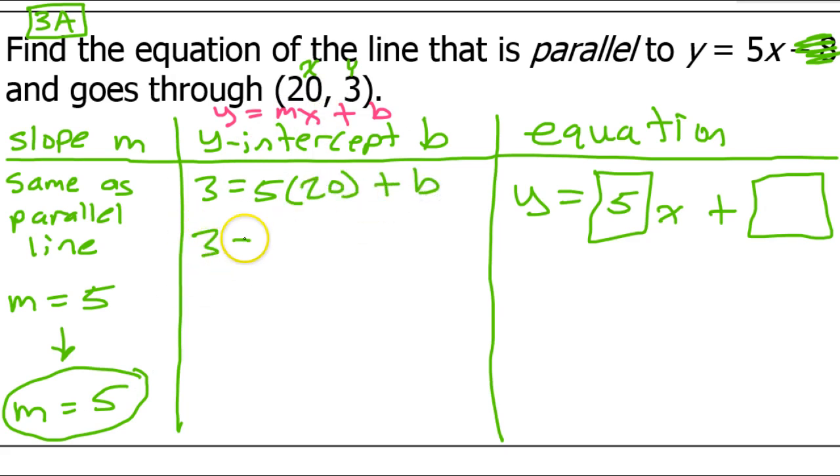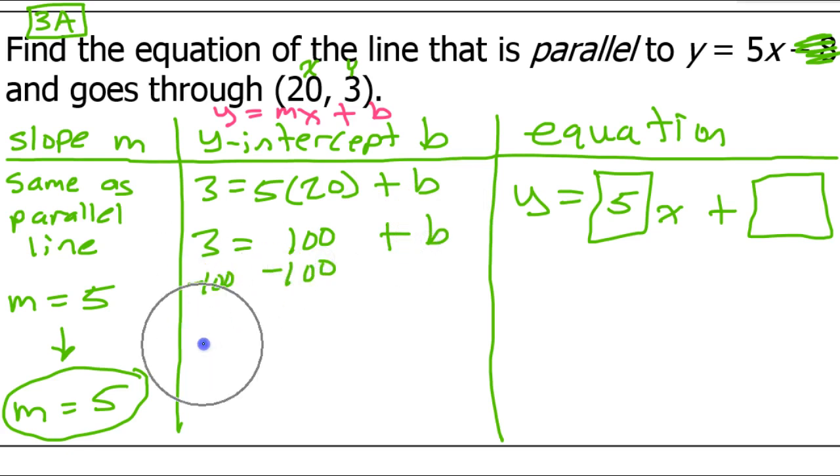So that means 3 is equal to 100. All right, 5 times 20 is 100, plus b. Subtract 100 from both sides, and you're going to get negative 97. So b is negative 97.